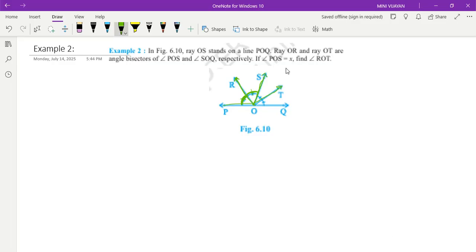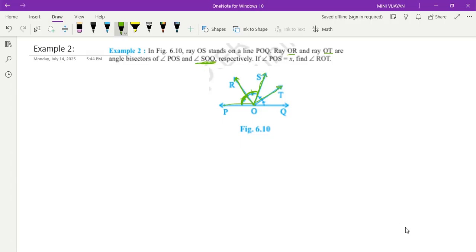And one more thing is given, not only that, but OT is also the angle bisector. OT is the angle bisector of which angle? Angle SOQ. OR is the angle bisector of POS and OT is the angle bisector of SOQ.